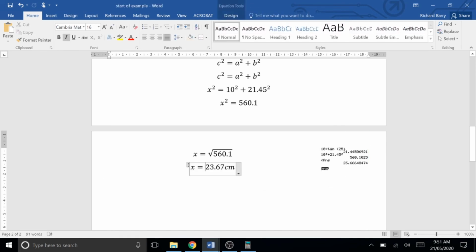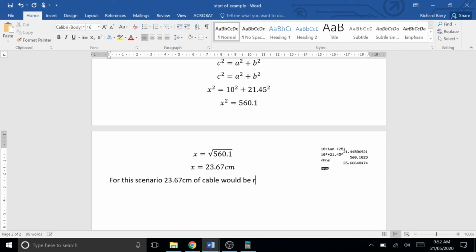Okay. Now, summary sentence. For this scenario, I would require, let's not use the word I, 23.67 centimeters of cable would be required after tying up.